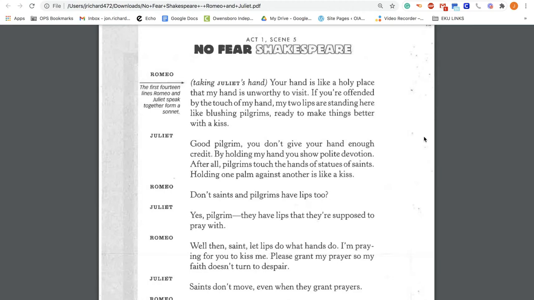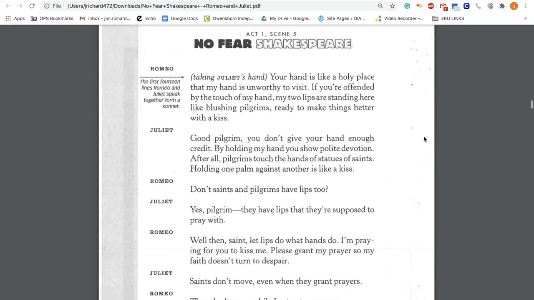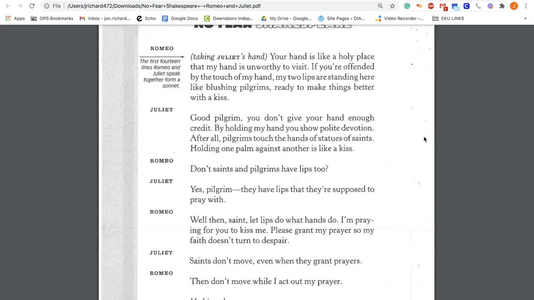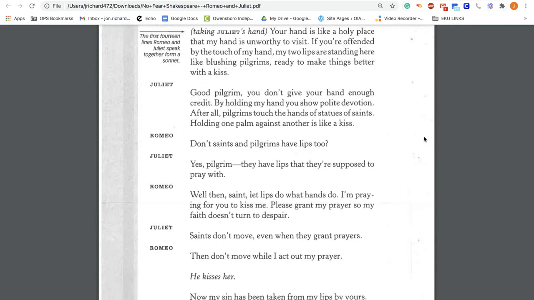Your hand is like a holy place that my hand is unworthy to visit. If you're offended by the touch of my hand, my two lips are standing here like blushing pilgrims, ready to make things better with a kiss. Good pilgrim, you don't give your hand enough credit. By holding my hand, you show polite devotion. After all, pilgrims touch the hands of statues of saints. Holding one palm against another is like a kiss. Don't saints and pilgrims have lips too? Yes, pilgrim, they have lips that they're supposed to pray with.